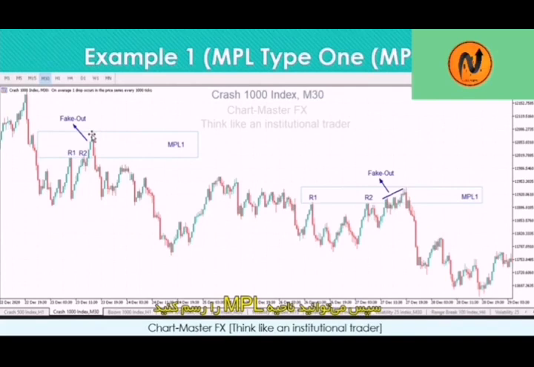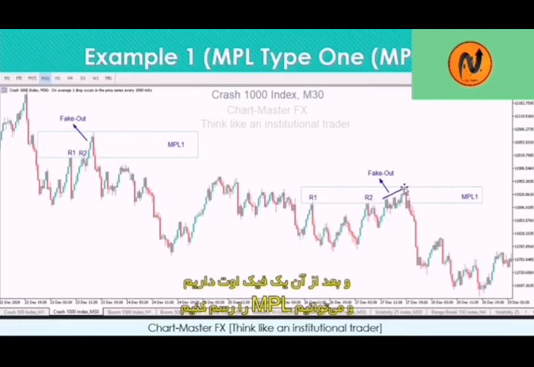Then you can draw your MPL. To my right, we can see we have a resistance of 2 touches, then a fake out, then we can draw our MPL. So simply, guys, that's how you can spot these MPLs on the live market.